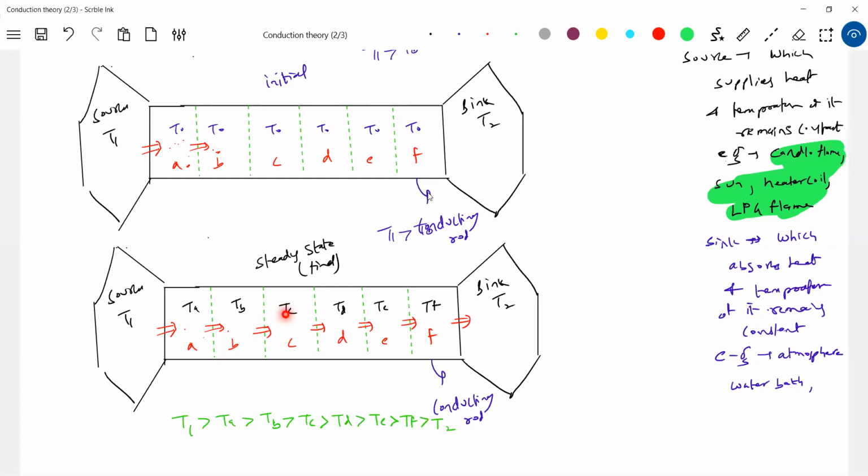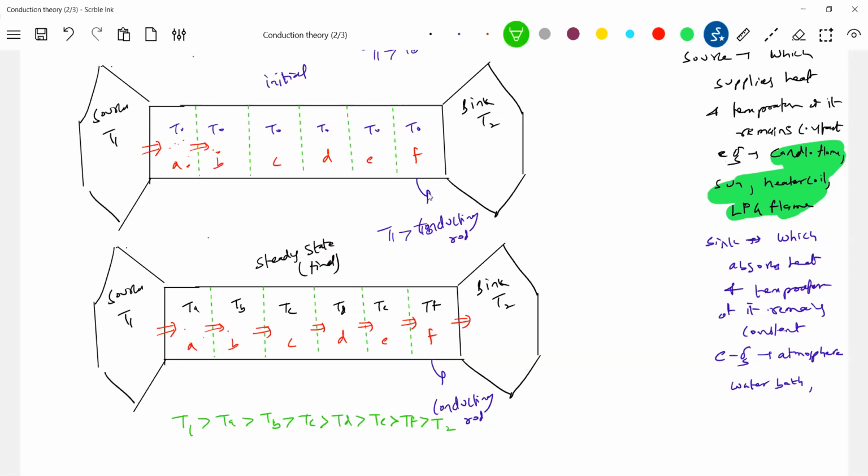What do you mean by that? No further absorption of heat will take place. Only the segments of the rod are involved in transfer of heat. This is what our syllabus will discuss. This phenomenon is called steady state, or properly lagged steady state.